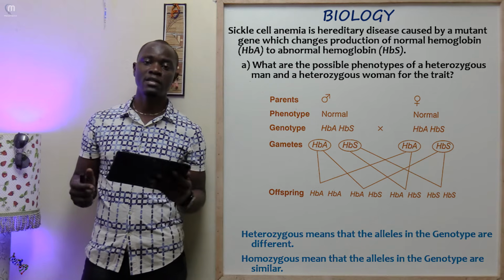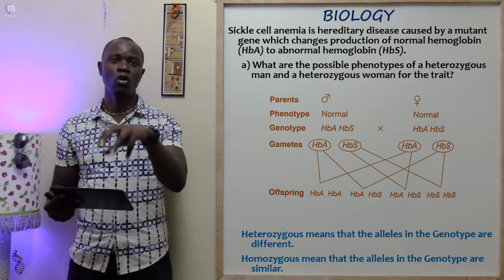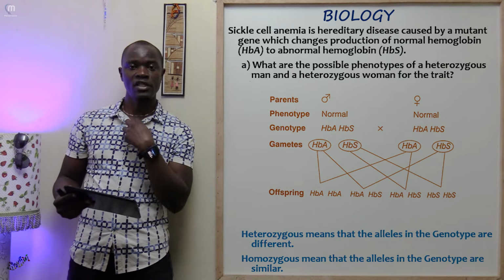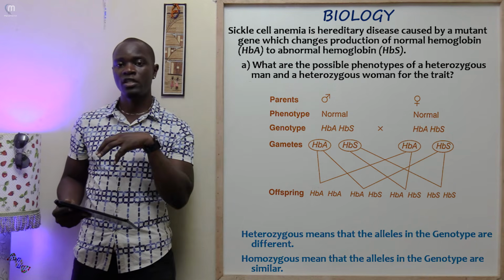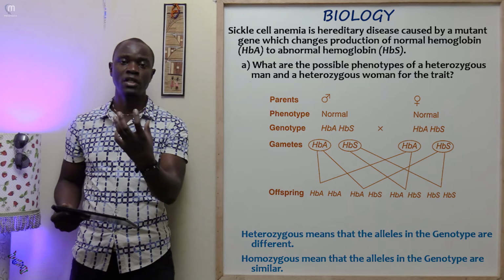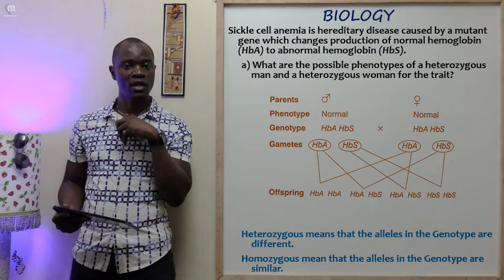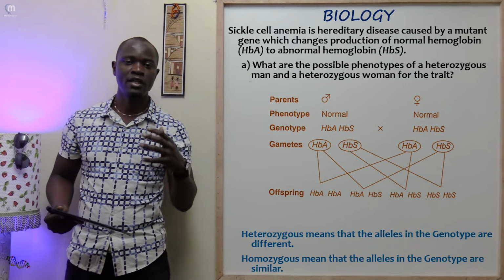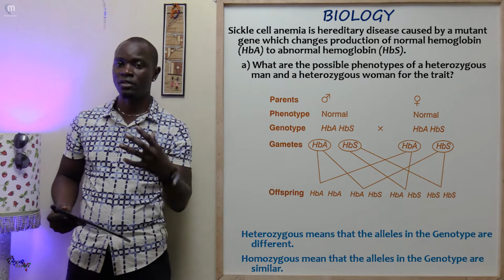Remember, heterozygous means that they have the normal gene, but they also have the sickle cell gene. So the normal gene is the dominant gene over the sickle cell. So a normal man is HbA to mean that they are normal, and HbS to represent that inside their genes there is this sickle cell trait.